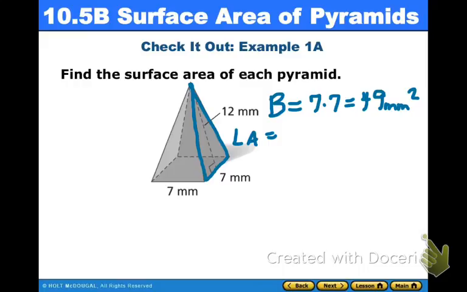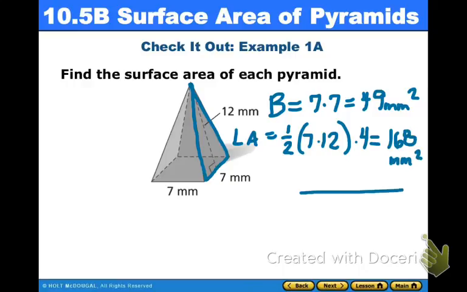That's the height of that triangle, to take 1/2 of 7 times 12 and then times that by 4. So when you take 7 times 12, you get 84. Divide that by 2, you get 42. Times that by 4, you get 168. And that's millimeters squared. And if you add those together, we should get 217 millimeters squared for the total surface area of this pyramid.